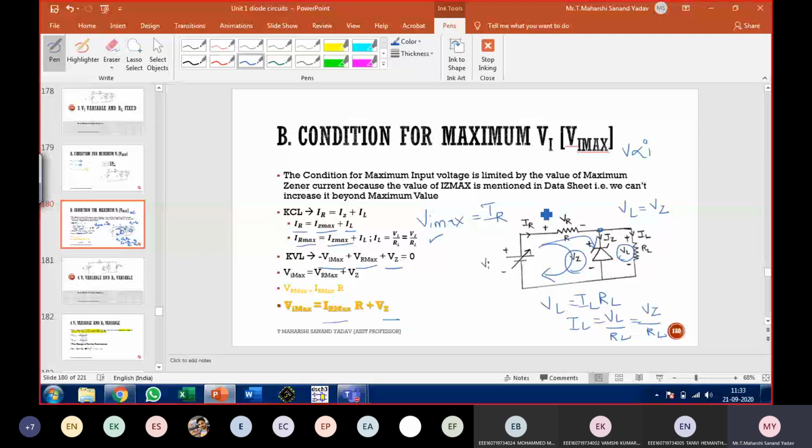Why? Because to find the voltage at this point, VR is nothing but IR into R. As I'm considering VI maximum, I simply write max. So VR max is IR max into R. Once I substitute, I get the value of VI max.